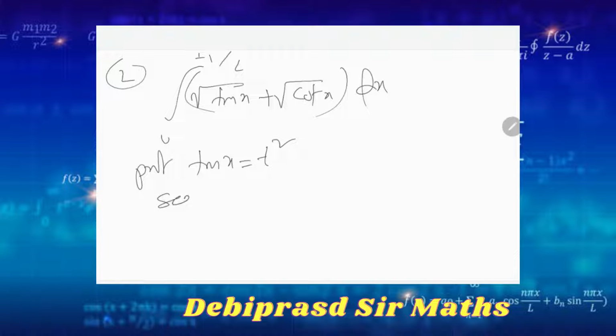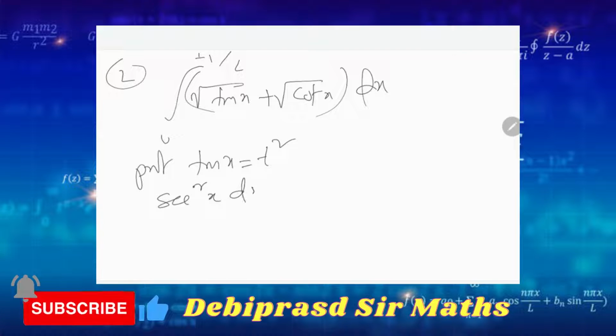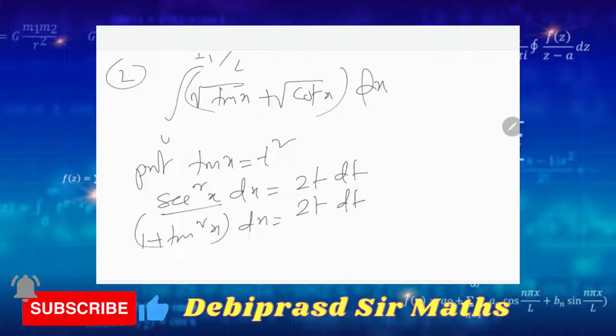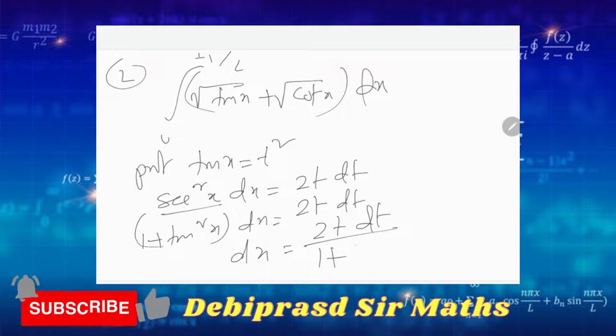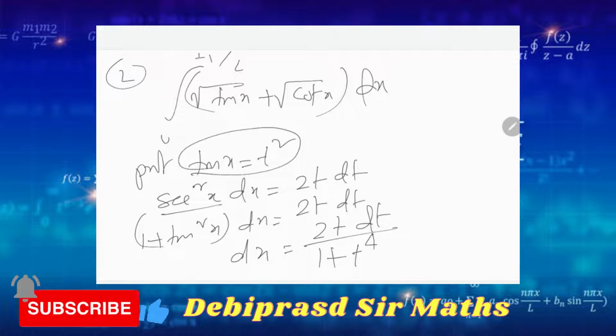Differentiating both sides, sec square x dx is equal to 2t dt. I will split that one: 1 plus tan square x dx is equal to 2t dt. So dx is equal to 2t dt by 1 plus t to the power 4, because we considered tan x as t square.